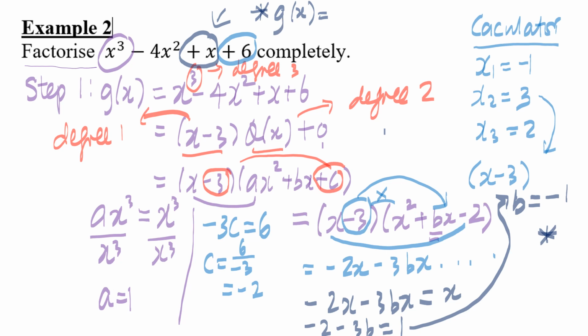So g of x is equal to x minus 3 bracket x squared minus x minus 2, and I think this one can still be factorized further to get x minus 2 and x plus 1. Let's check if this is, yeah, it's correct here. Remember, the calculator gave us all this.